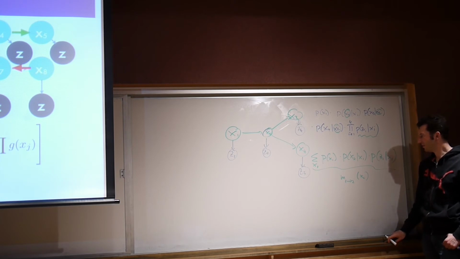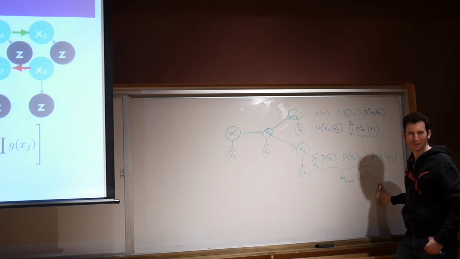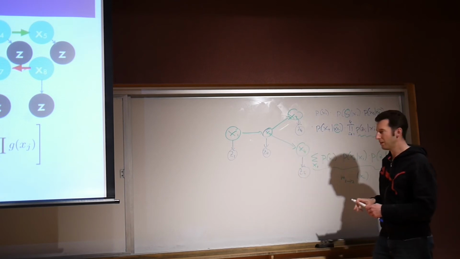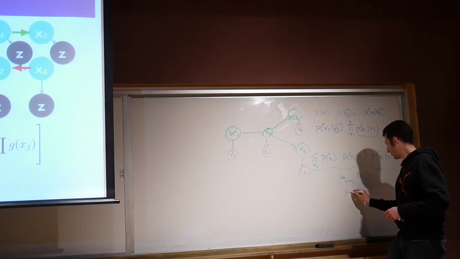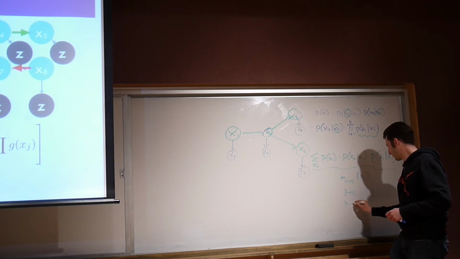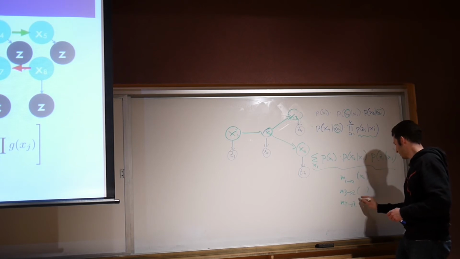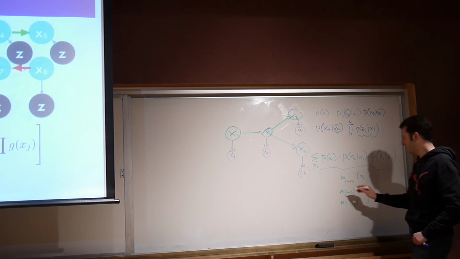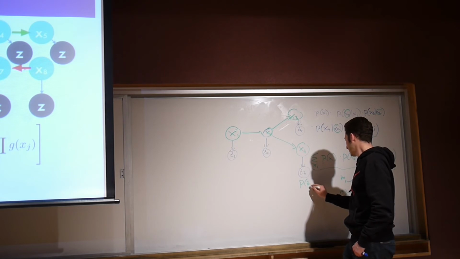I can do the same thing for x3 and x4, and I'm just way too lazy to do that right now, but it works out in exactly the same way. So we'll get a message 3 to 2 and a message 4 to 2. Now the only term that's left over is then, we'll have the message 3 to 2 and a message 4 to 2. And now what I also have left over is P of z2 given x2.